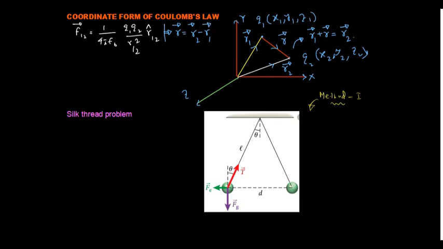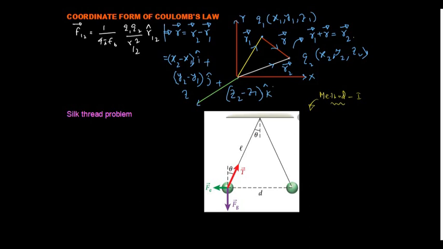Now this r2 vector minus r1 vector, you can write as x2 minus x1 i cap plus y2 minus y1 j cap plus z2 minus z1 k cap. So this is the r vector.